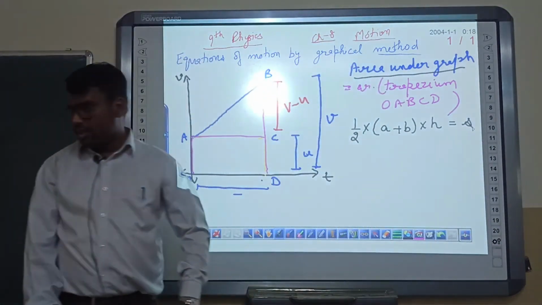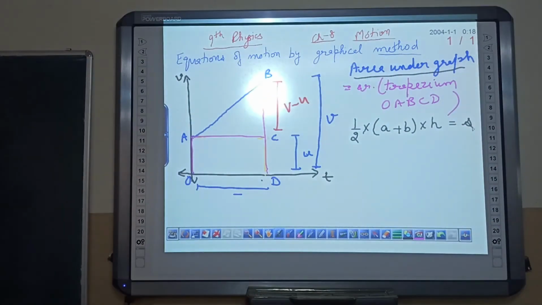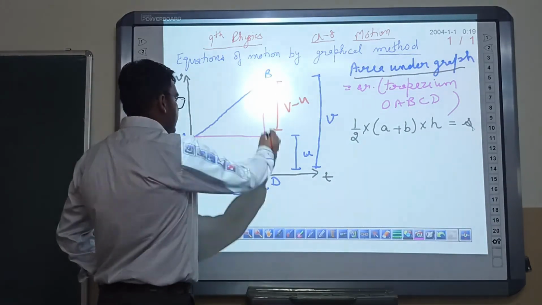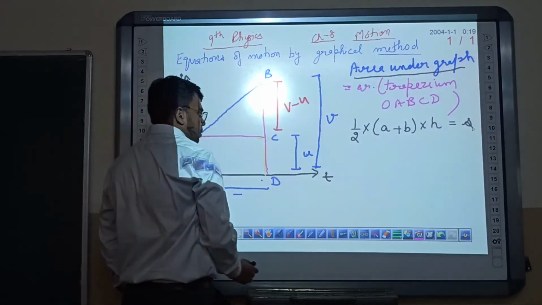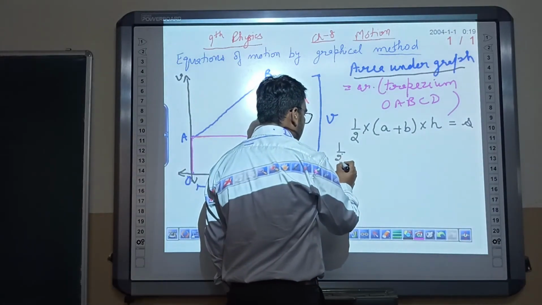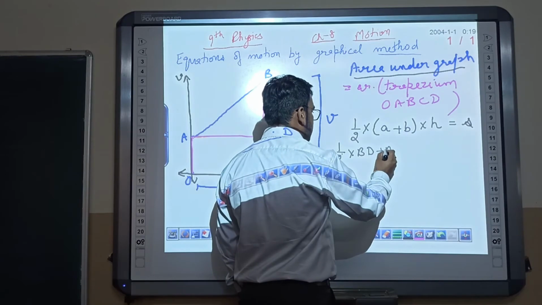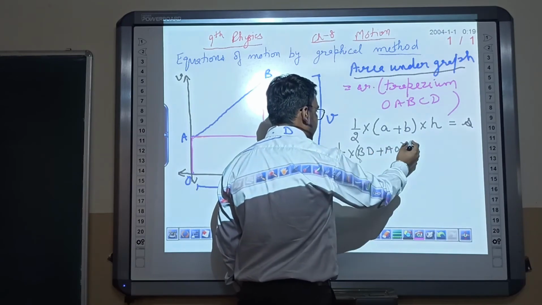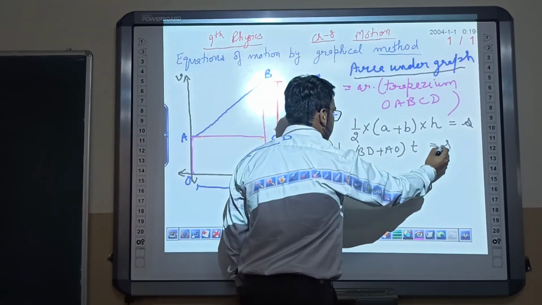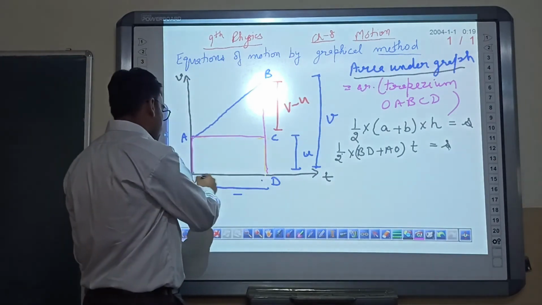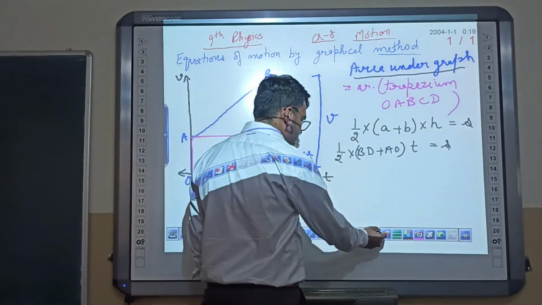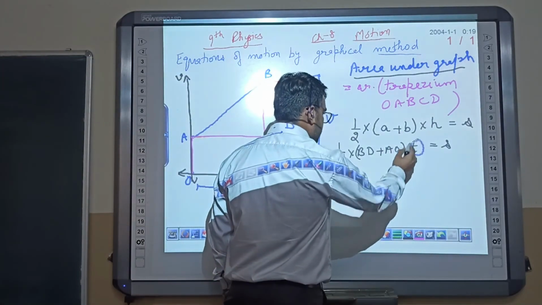So if we start putting the values, what are the parallel sides? The first parallel side is BD and AO. Let us put the value, half into BD plus AO into height, which is T. This is the height, OD, or you can say OC, or we can say AC.